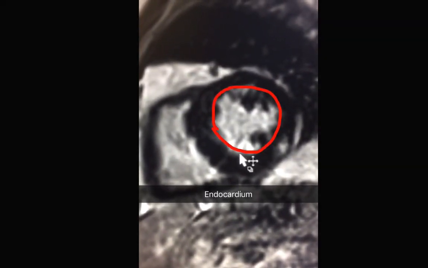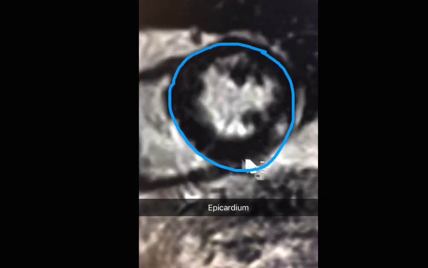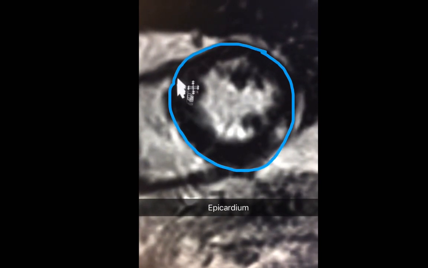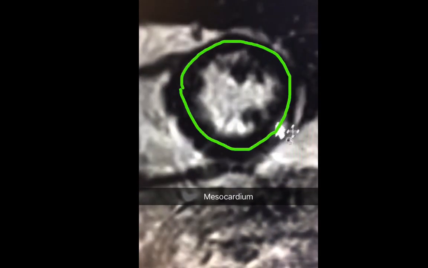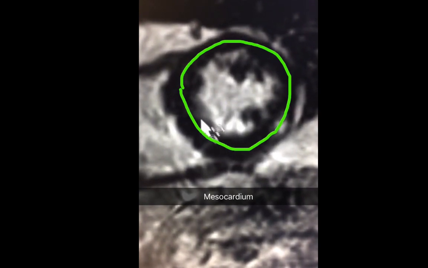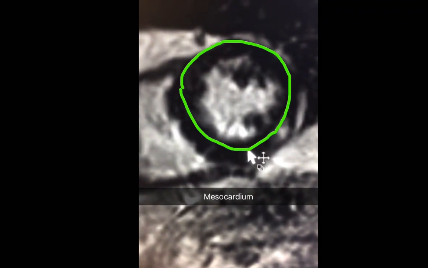A little bit of anatomy to describe that. The inner part of the myocardium is called endocardium. The outer part of the myocardium is called epicardium. And the middle part of the myocardium is called mesocardium or mid-myocardium.